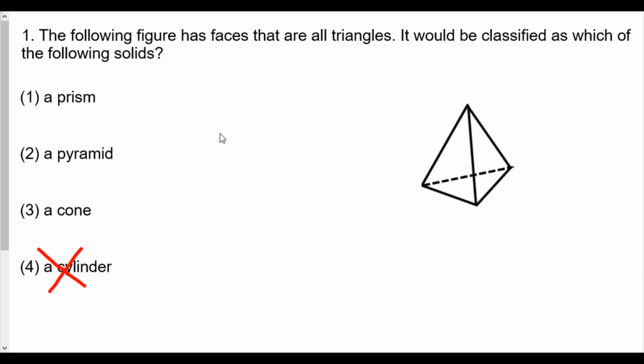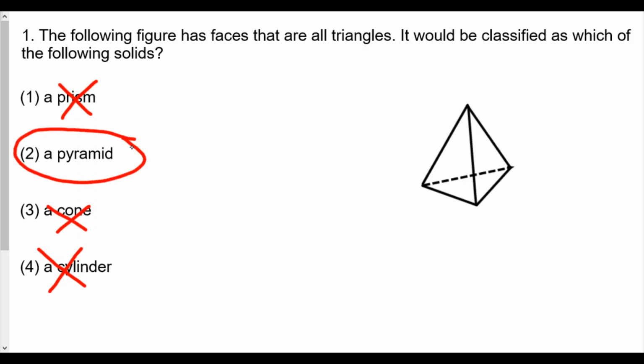So that would be not a prism, so not choice 1. And not a cone, because although the pyramid and cone share a similarity, that both have a base and all the sides meet at one point, a cone has a base of a circle, not the base of a polygon. Therefore, it's not a cone, it is a pyramid.